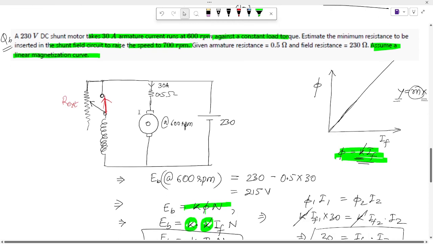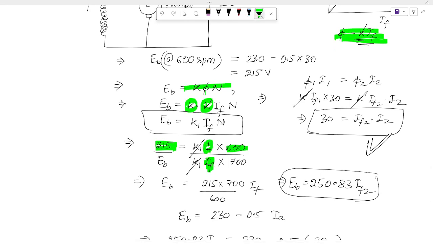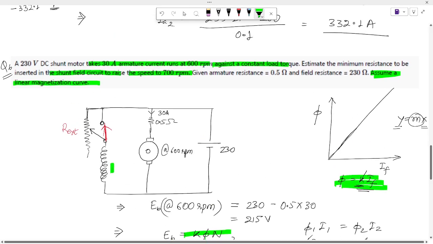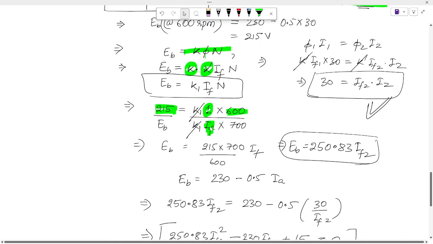So the initial current, we know, was 1 ampere, because 230 divided by 230 ohm, connected in parallel. So we have IF as 1 ampere initially. Now we don't know what it will be when external resistance is added, so I suppose that value to be IF2.